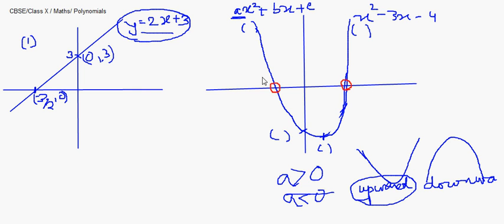This point is given by, suppose, minus 1, 0 and this will be given by some 4, 0. So these are the 2 zeros of the polynomial where the y becomes 0. So minus 1 and 4 are the 2 solutions for the zero of this given parabola.